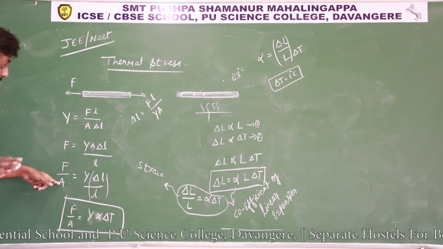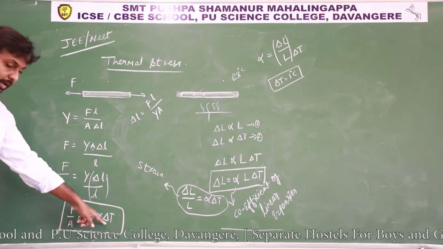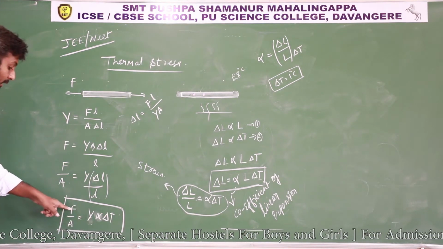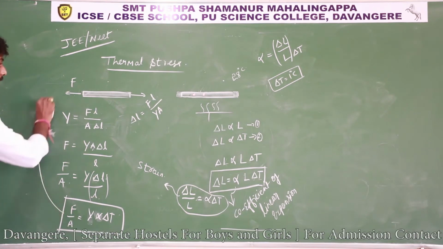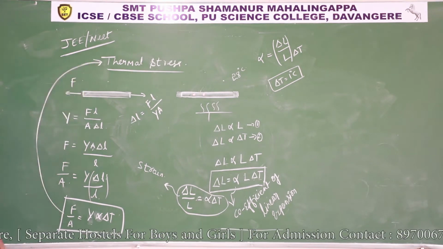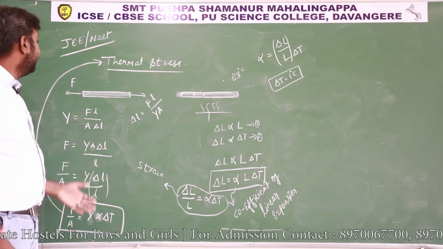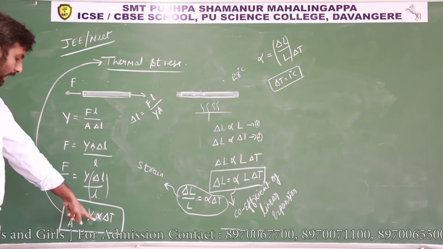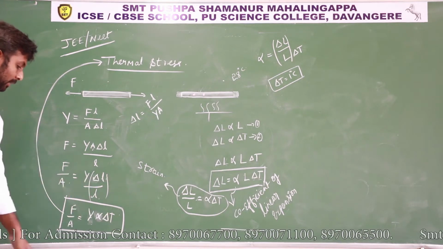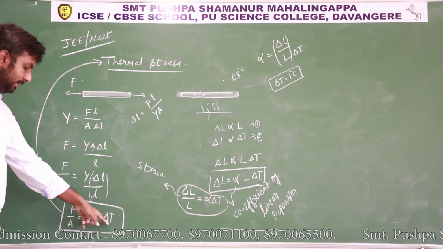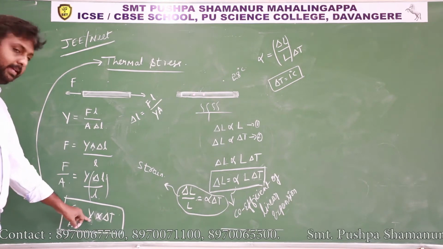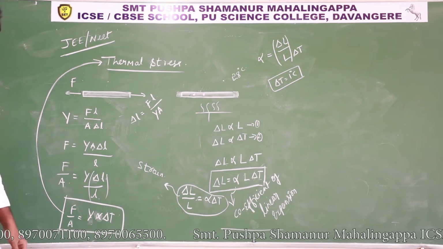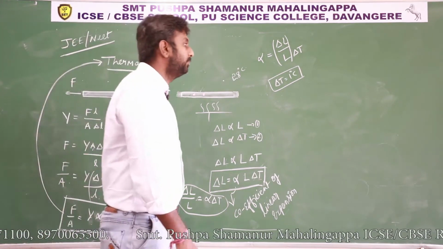This stress developed because of heating gives the formula Y alpha delta T, and this is called thermal stress. Like this we define the thermal stress formula, Y alpha delta T, where delta T is the change in temperature, Y is Young's modulus, and alpha is the coefficient of linear expansion.